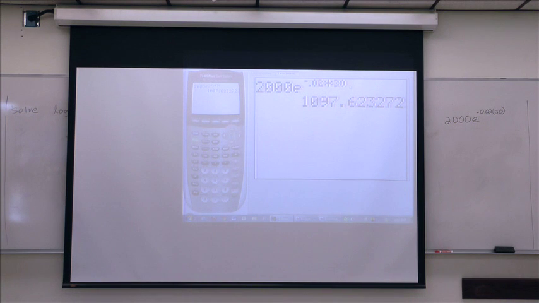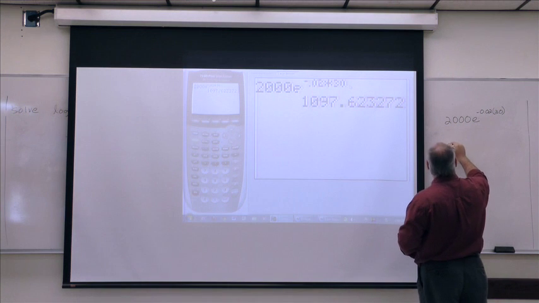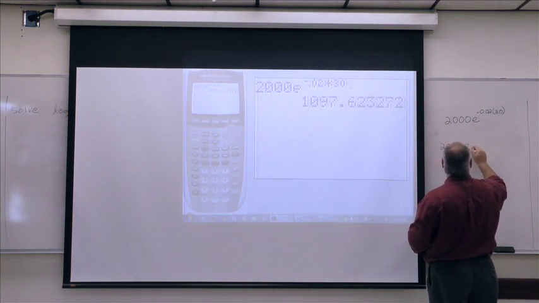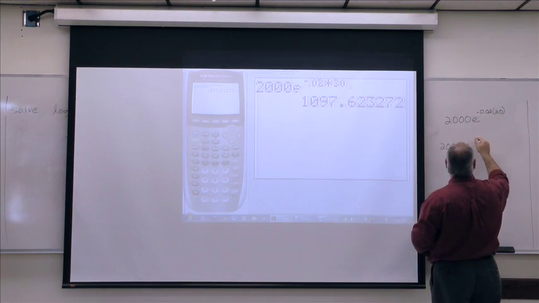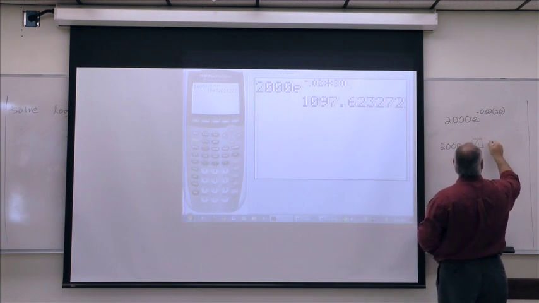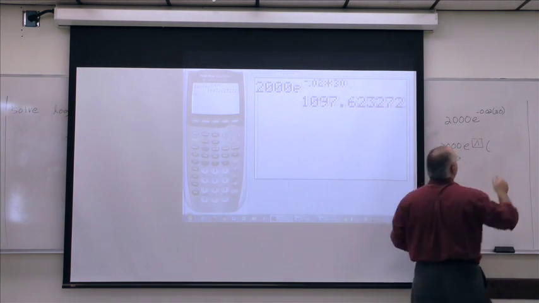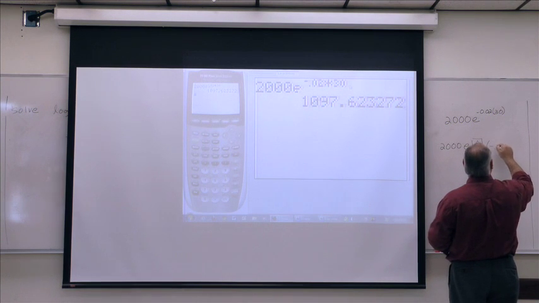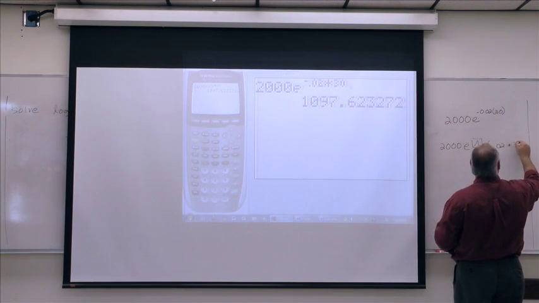If you don't have the most updated operating system, then you're going to need to put that in parentheses. So you may have to type in 2000 e, and then to the power of, and then put in parentheses, negative 0.02 times 30.